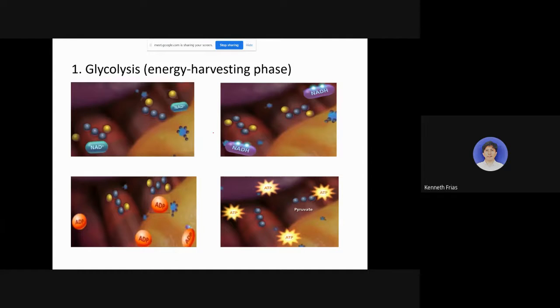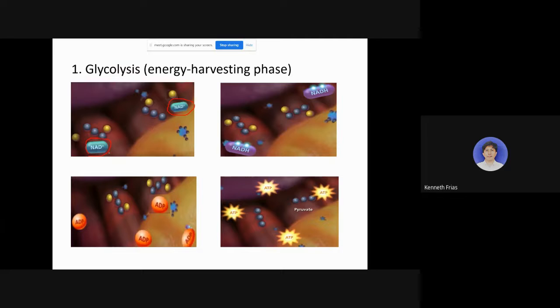Now, what happens next is that these two molecules, the G3P and DAP, will be further transformed, with the participation of NAD. If you remember, NAD is capable of receiving electrons, so it's an electron carrier.